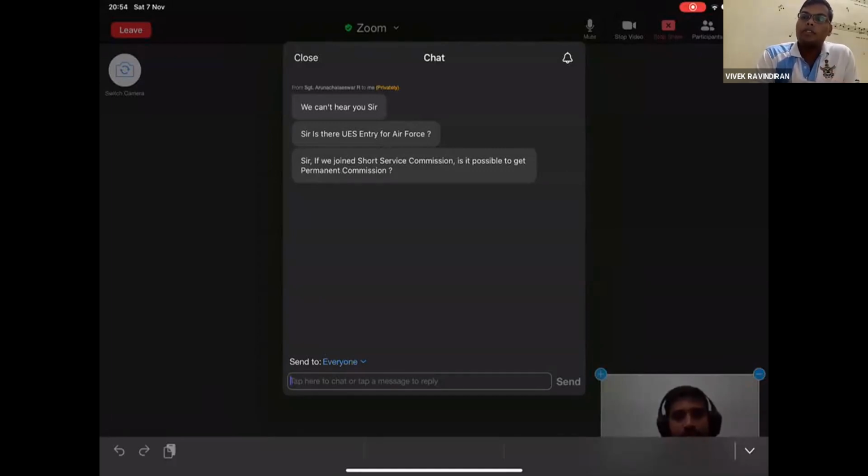You will be assessed every year. They have a set of standards above which you will get selected for permanent commission. If you meet the standards, you will get permanent commission. Conditions apply that the vacancy should be there. The permanent commission will be granted according to the number of vacancies.